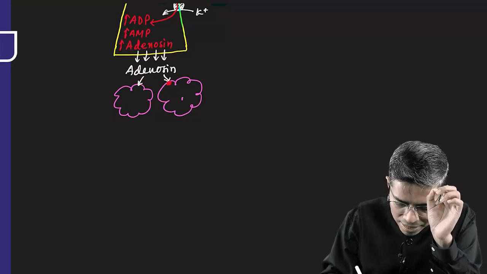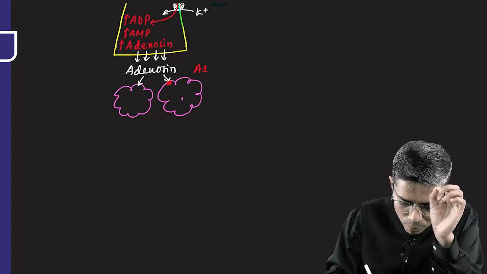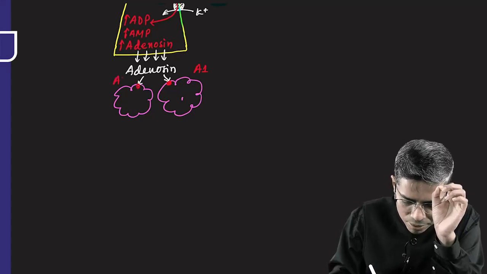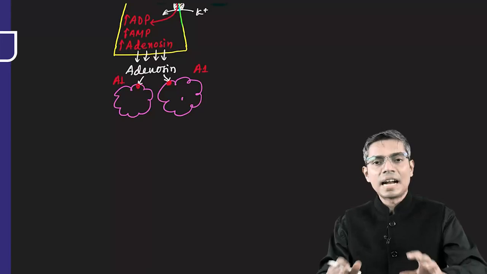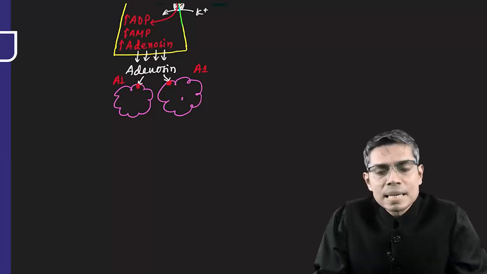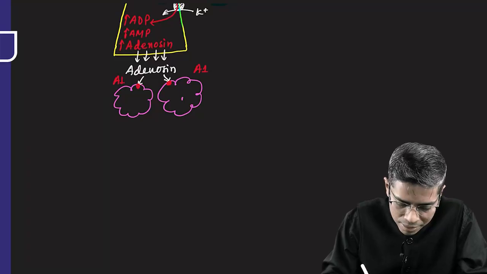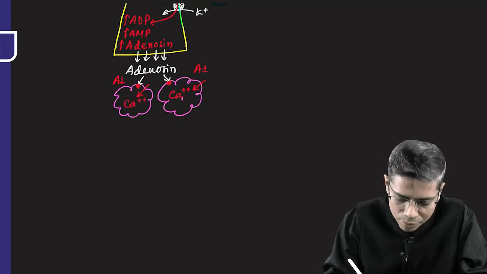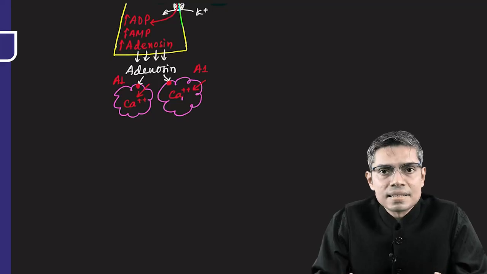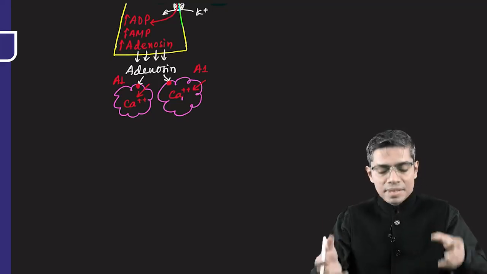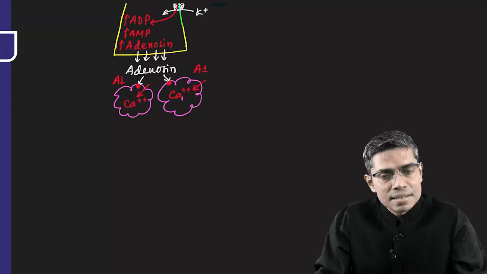The receptor is the A1 receptor. This receptor is present on the Lacis cell. Whenever adenosine stimulates this A1 receptor, what is going to happen? There will be an influx of calcium inside this Lacis cell, right? Calcium is entering inside this Lacis cell.